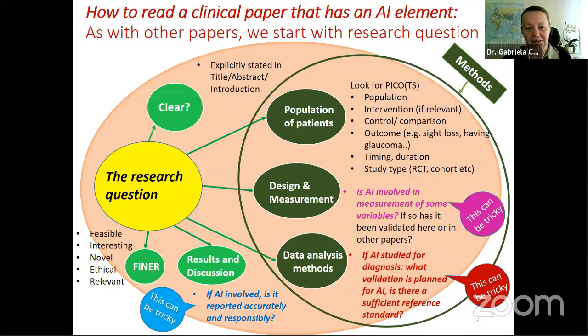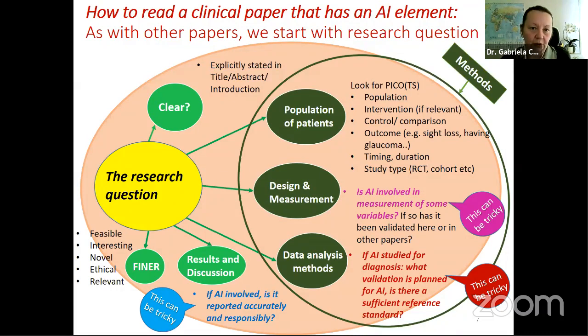So this is a very busy slide, but it is the most important slide. And this is the way, I think, that is useful to think when reading a paper that contains AI. The most important part is the research question. That's why I put it in very bright yellow.